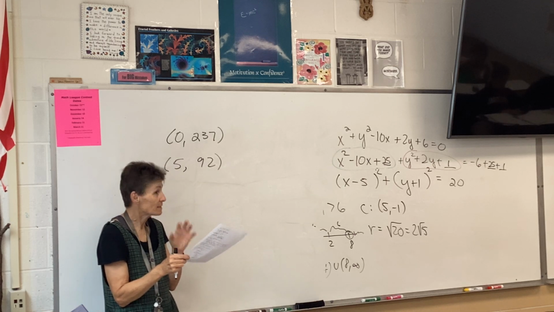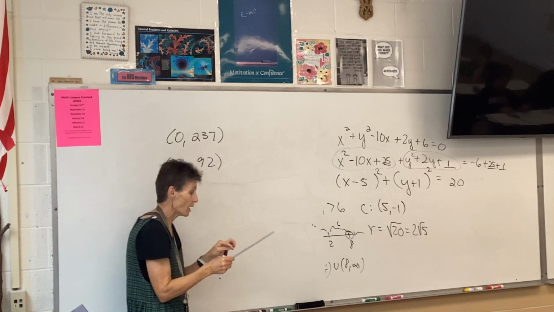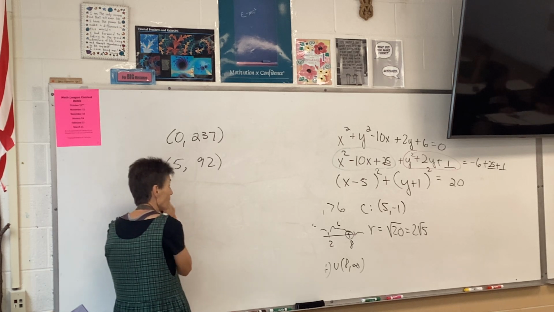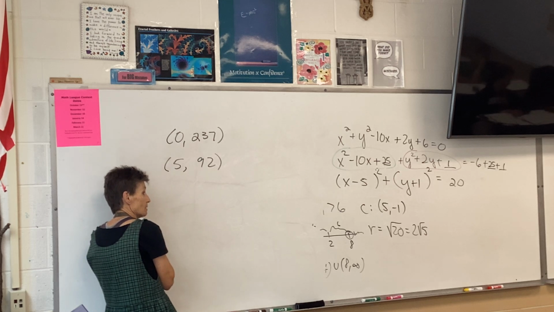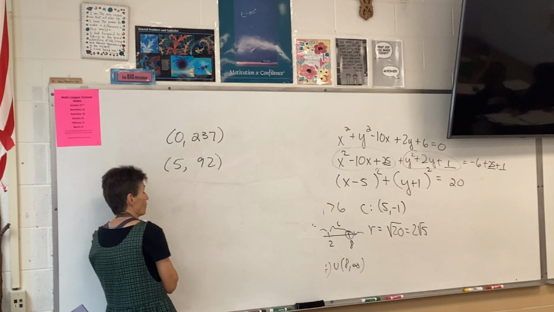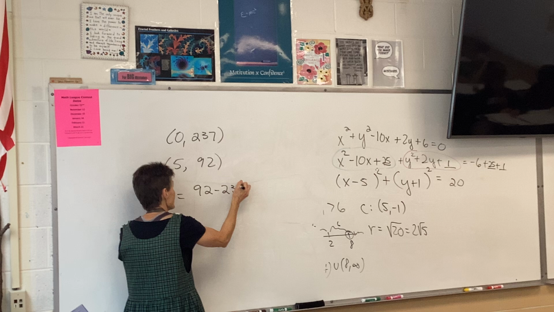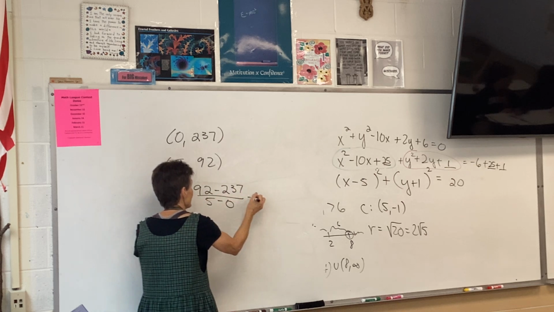V equals mt plus b. So we're going to write a linear equation for this data. Write a line, which is what we just did. What do we need to know? Slope. All right, so 92 minus 237 over 5 minus 0.